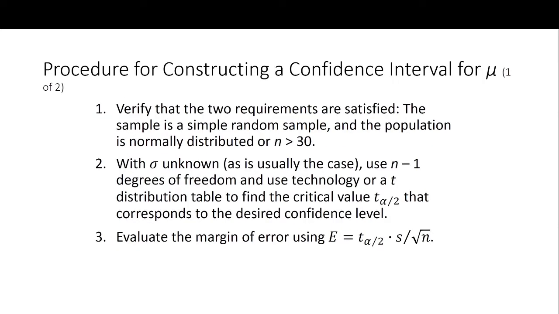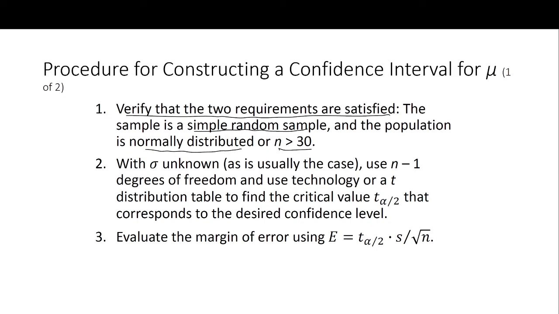So here are some steps you need to follow while constructing a confidence interval. First of all, we need to verify the two requirements. The first is that the sample should be a simple random sample, and either the population should be normally distributed or the sample size should be greater than 30. The second requirement is the unknown population standard deviation, which usually happens in real life situations or problems.